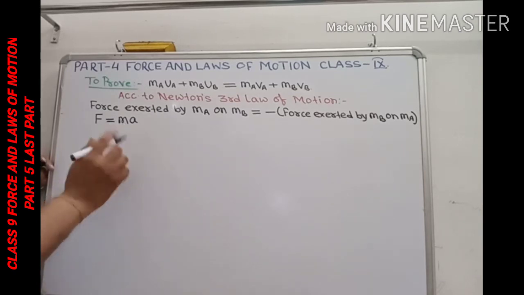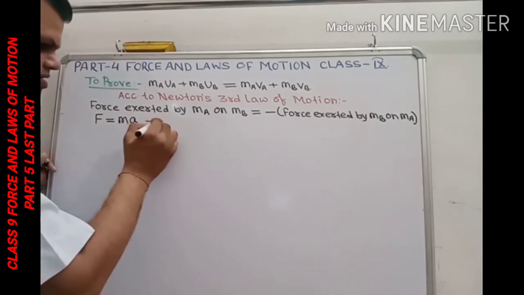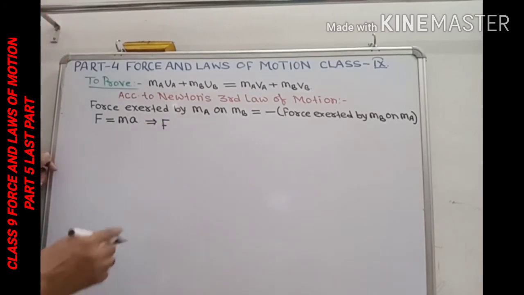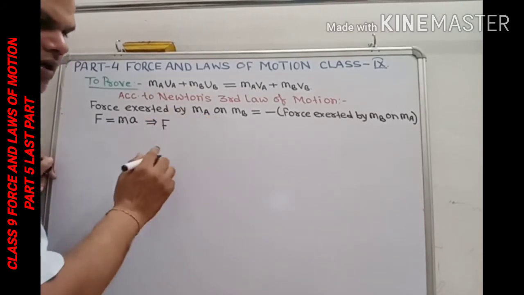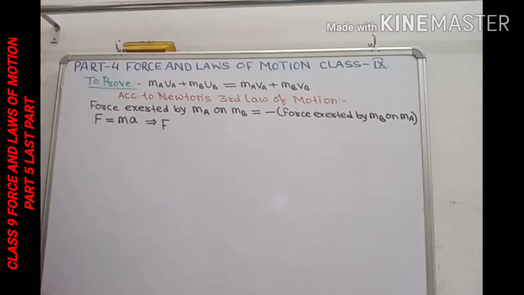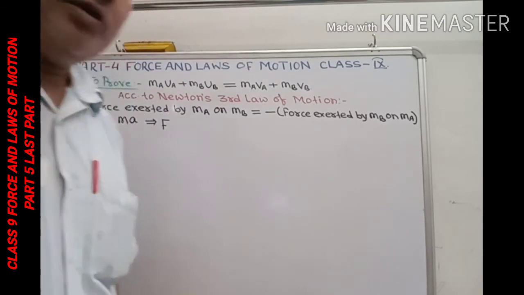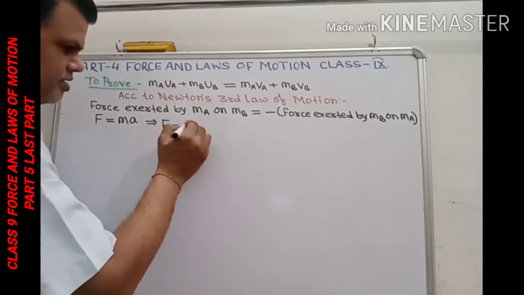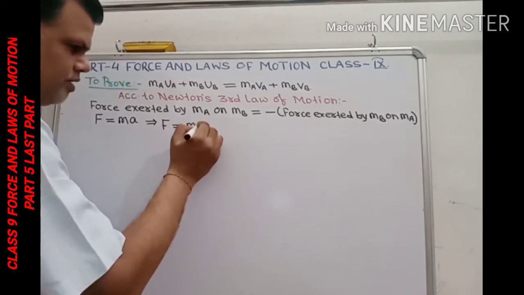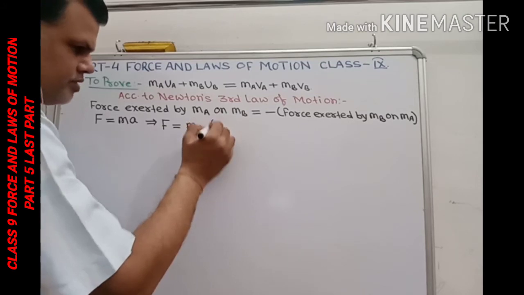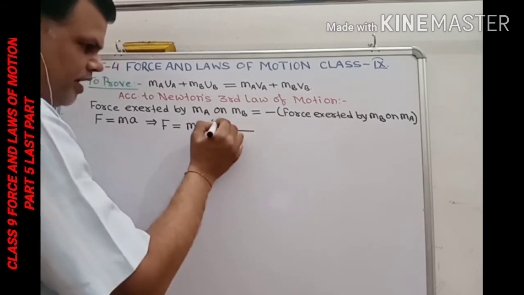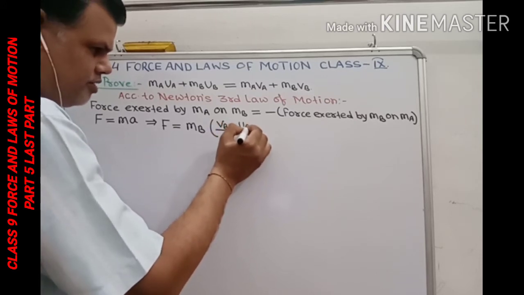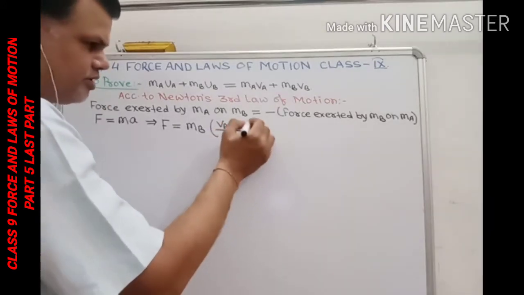So here this force is equal to, taking MB common, mass of B times the final velocity of B minus initial velocity of object B upon time t.